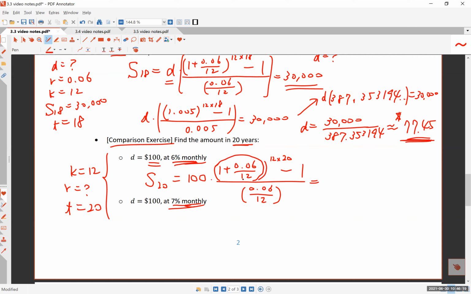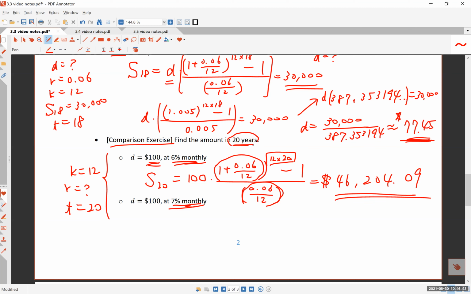This part becomes 1.005. Raise it to the 240th power, subtract 1 from it, and then divide that by 0.005. You multiply that by 100, and you will end up with $46,204.09.